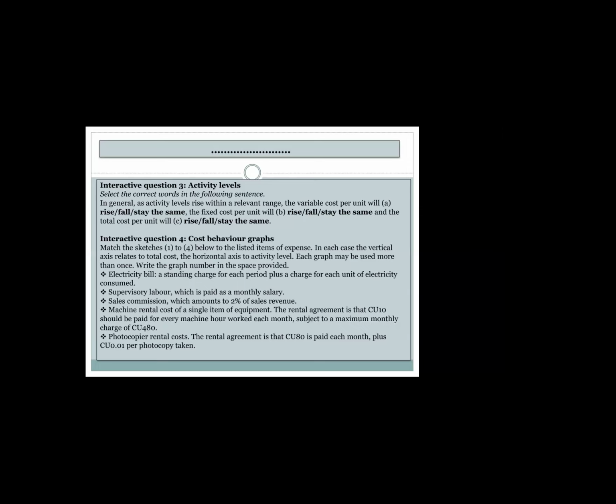But fixed cost per unit will go up and down. If activity level rises, fixed cost per unit will fall. If activity level goes down within the relevant range, fixed cost per unit will rise. So if fixed cost falls, total cost definitely falls. If fixed cost goes up, total cost definitely goes up. Here are other cost behavior graphs.